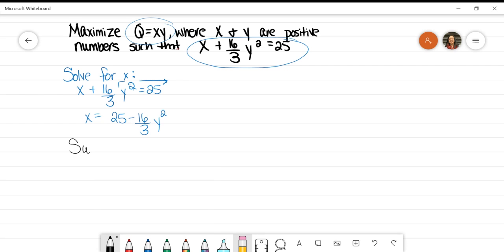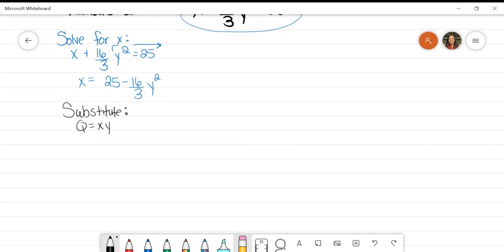So let's use a different color. I know what I was given was that q is equal to xy, and now I have an expression for that x. So I can actually substitute that expression in the place of that x there.